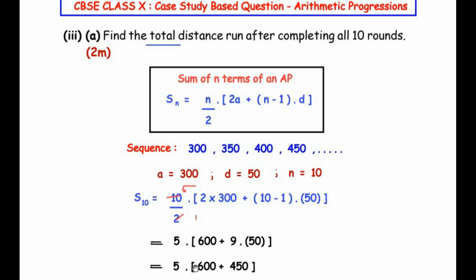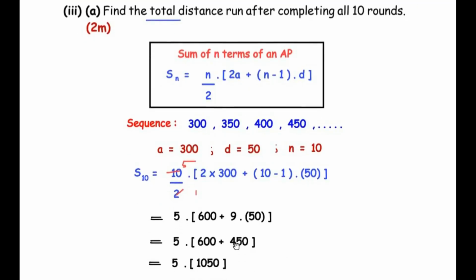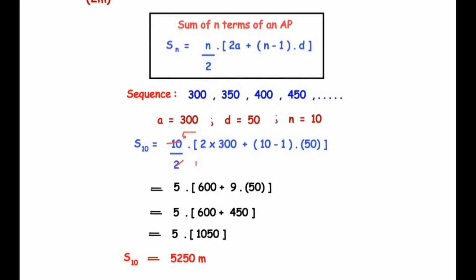So 5 times 600 plus 9 times 50 is 450. In the next step we add 600 and 450, giving us 5 times 1050. Now the product of these two numbers gives us 5250 meters. So this is the total distance covered by the runners after 10 rounds.